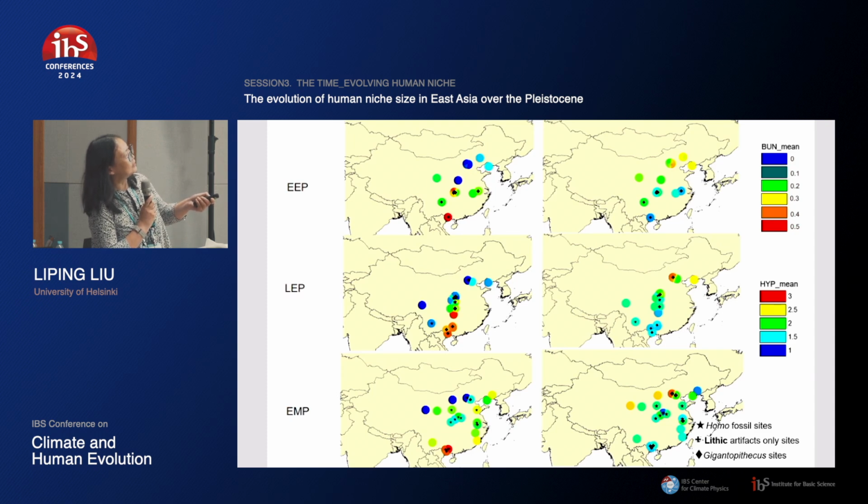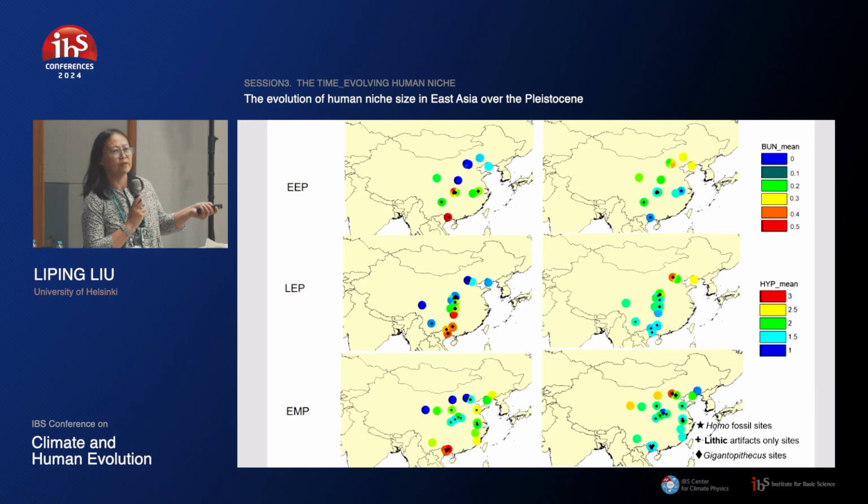But you also see that in southeast China, you only find this Gigantopithecus. We don't have any artifacts or humans. From the early Pleistocene, humans get more sites in the middle part here, and a little in Yunnan, but still in this subtropical forest you only see the Gigantopithecus.